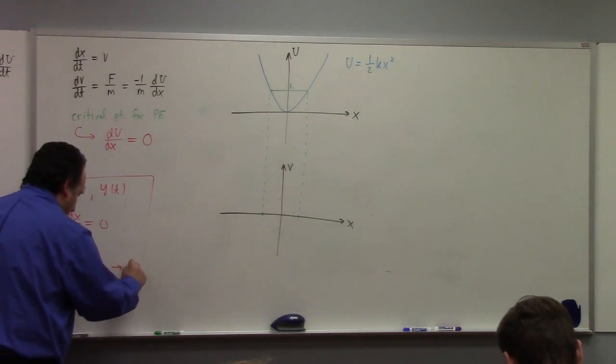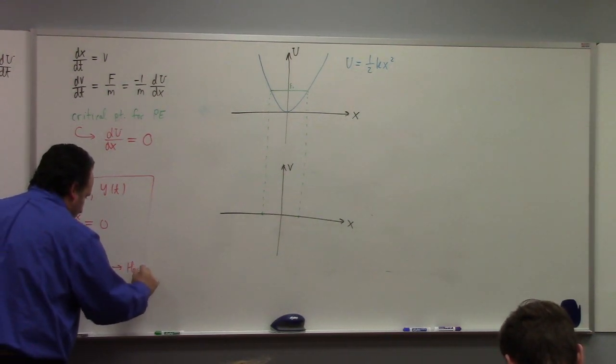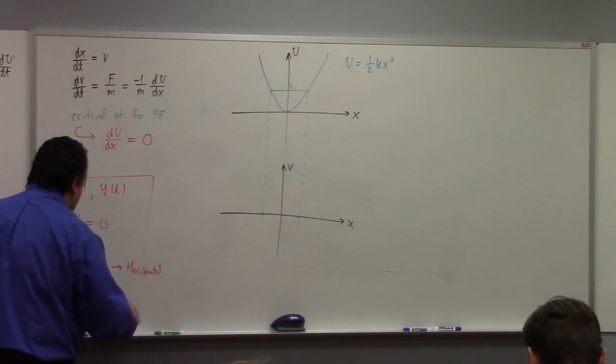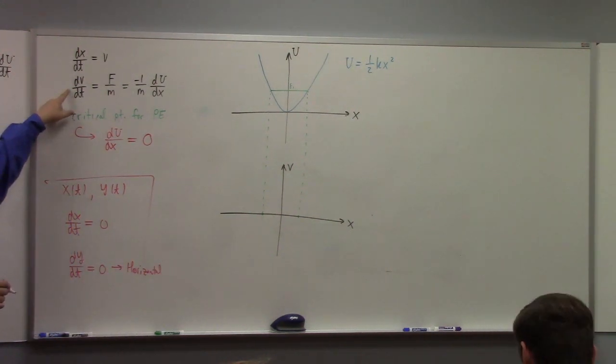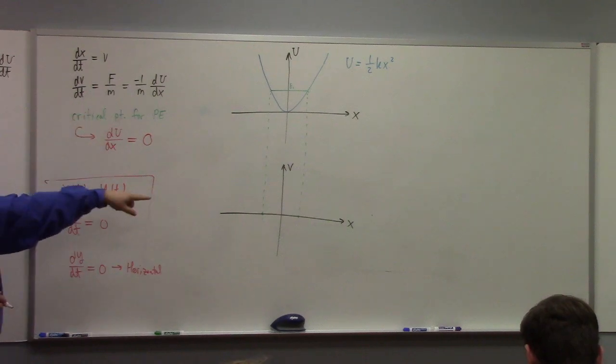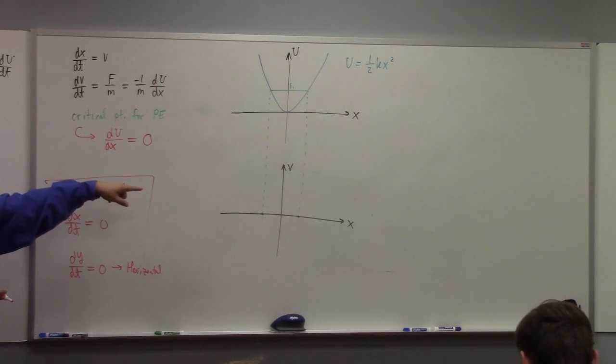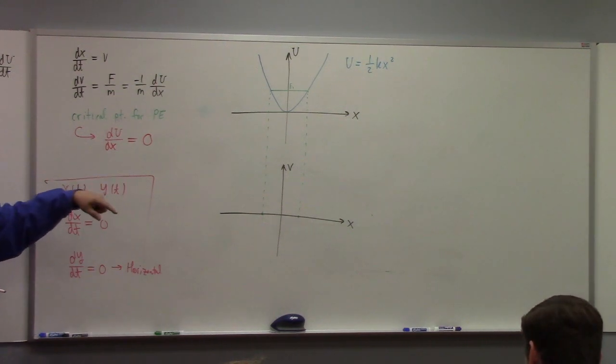Yeah, horizontal. So wherever you have a critical point for your potential energy, the curve in the xv plane, in the so-called phase plane or Poincare plane, will have a horizontal tangent there. All right? So that's something to look for.